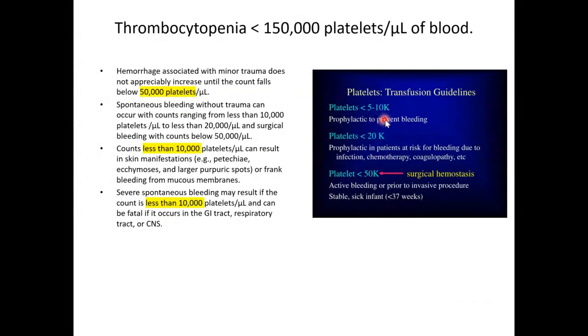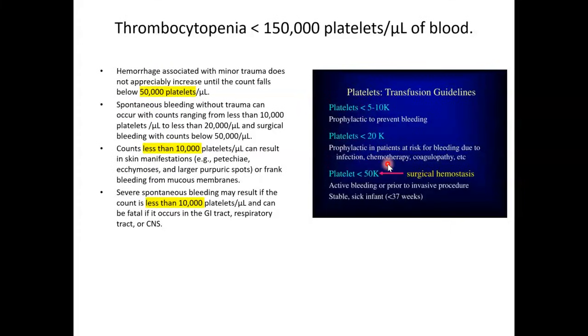Platelet transfusion guidelines, platelets less than 10,000. Prophylaxis transfusion is generally recommended at less than 10,000 to prevent bleeding. What about patients who are at risk for bleeding? Then we care at less than 20,000.